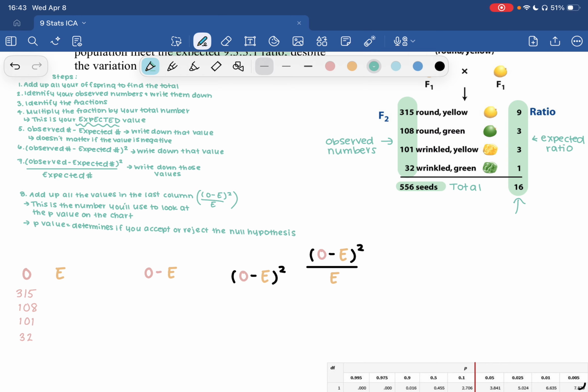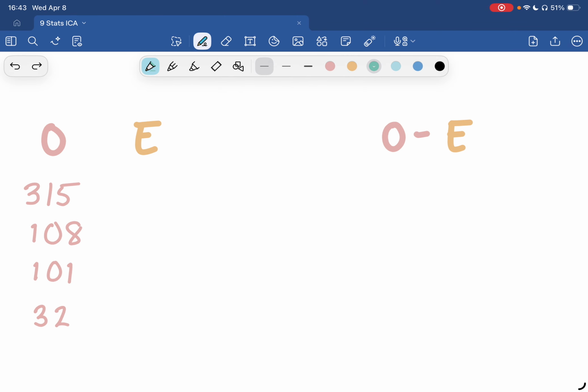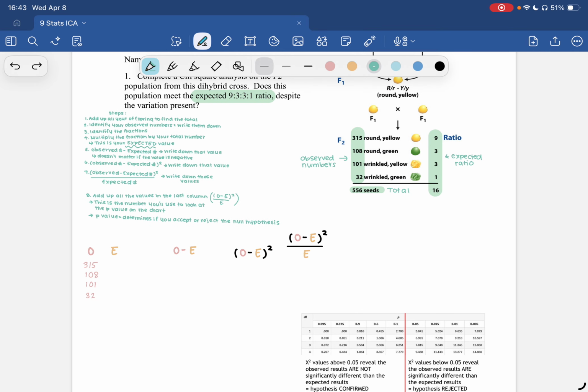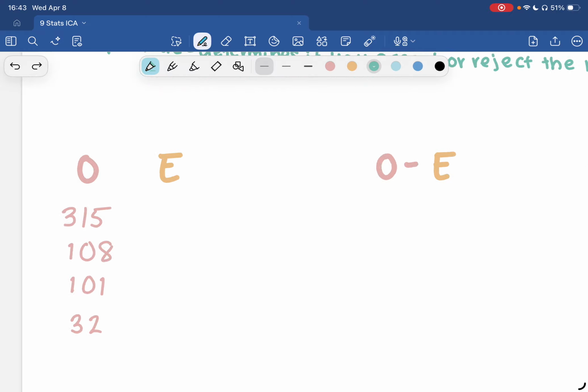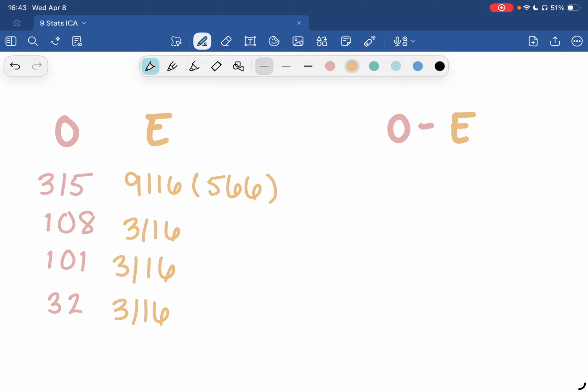So you're going to use this column, and you're going to take your 9/16, your 3/16, and then your 1/16, and you're going to write all of the ratios, all of the fractions, just write them down. This is what you're going to start with. The next thing you're going to do is multiply it by your total, 556.